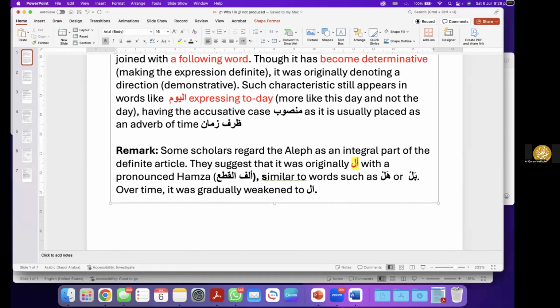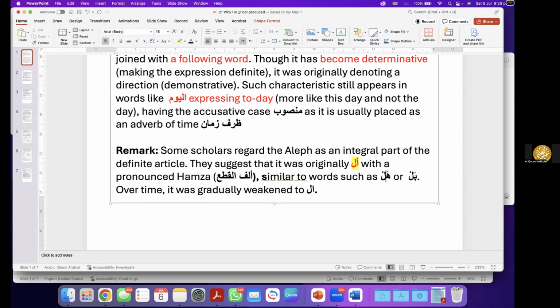So some said the original word was al, can you see, hamza with alif? Alif with hamza, that is Hamzatul Qat. Some suggested that originally it was al with hamza, al with a pronounced hamza, aliful qat, similar to words such as bal, hal, where ba makes a sound, ha makes a ha, like consonants.